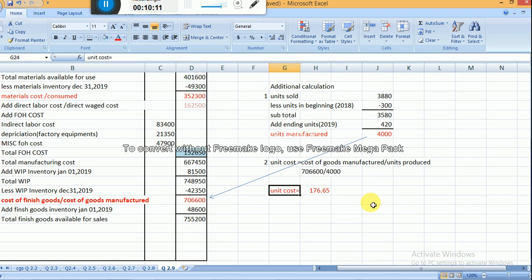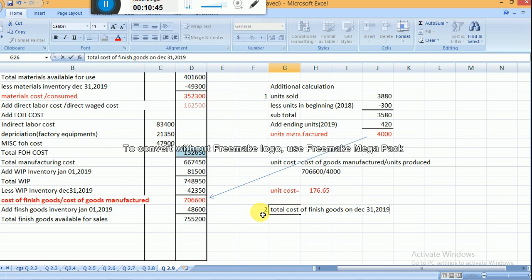Now the second requirement: on December 31st, 2019, the total cost of the finished goods.